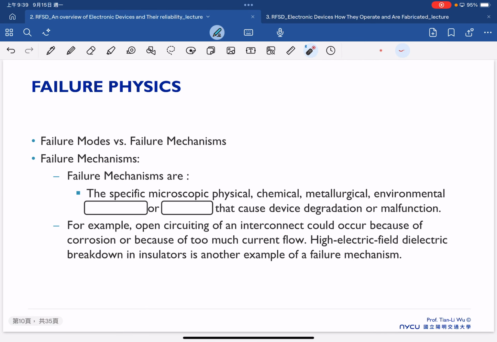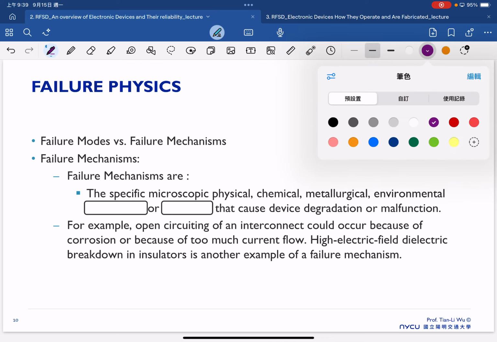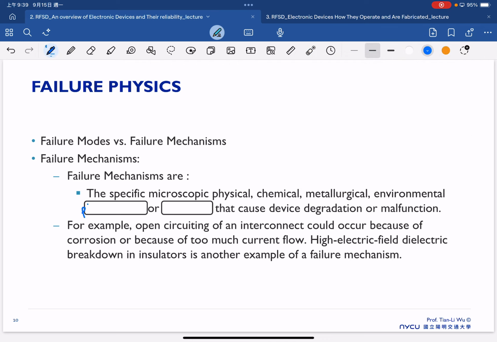The failure mechanisms are the specific microscopic, physical, chemical, metallurgical, or environmental phenomena or processes that can cause device degradation or malfunction.